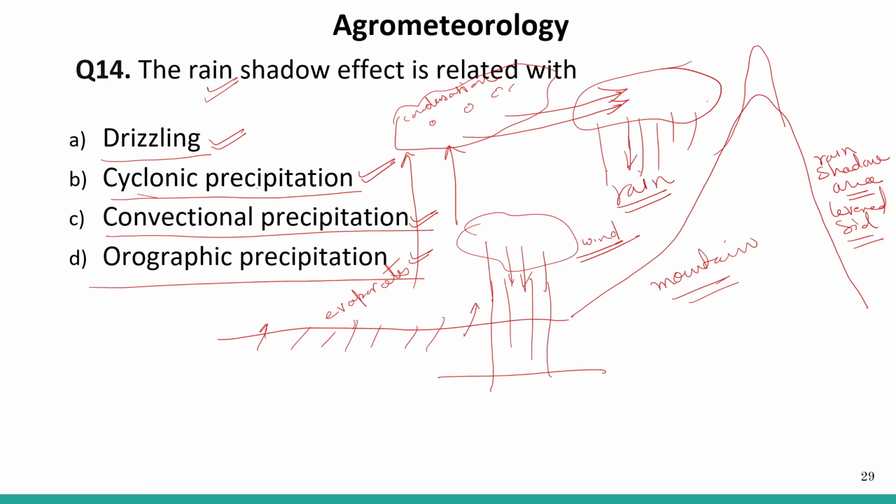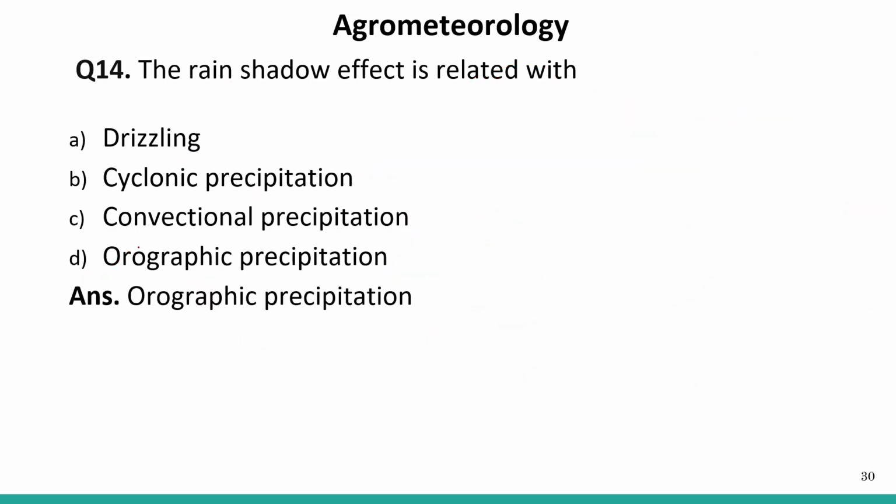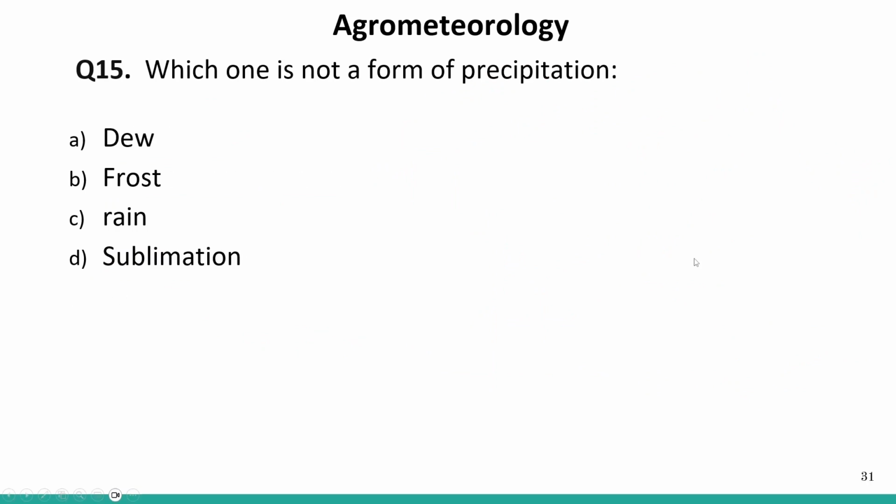But there is no rain shadow type of effect. The rain shadow type of effect we see in this case only, and this is called orographic precipitation. Right? So the correct answer is orographic precipitation. Correct answer. Okay.